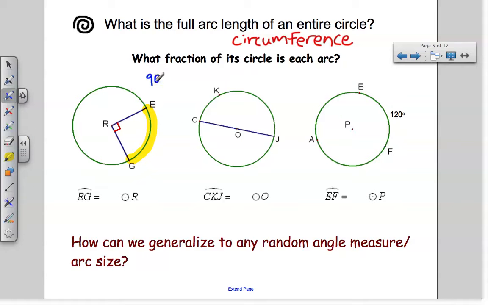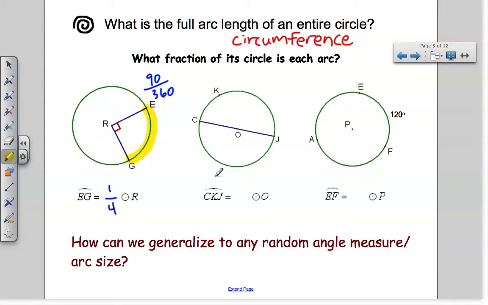Right? I mean, 90 degrees out of a full circle, which is 360. Doesn't that reduce to 1/4? Because aren't there 4 90-degree angles in a full circle? So if I wanted the length of arc EG, if I knew the whole circumference, I would actually want 1/4 of that. It's only 1/4 of the circle.